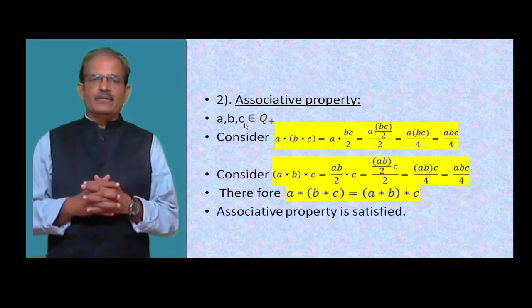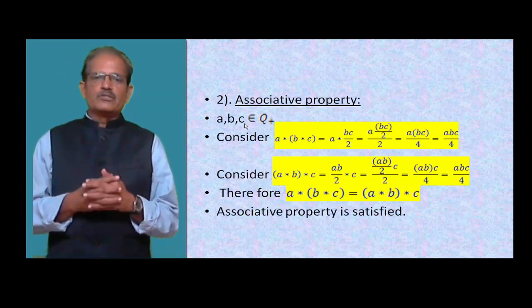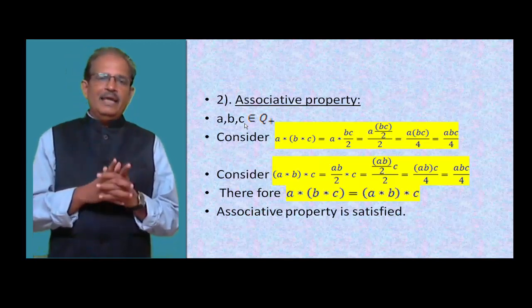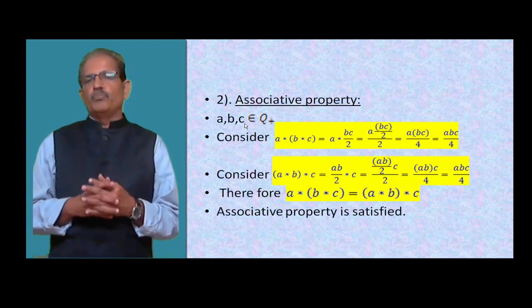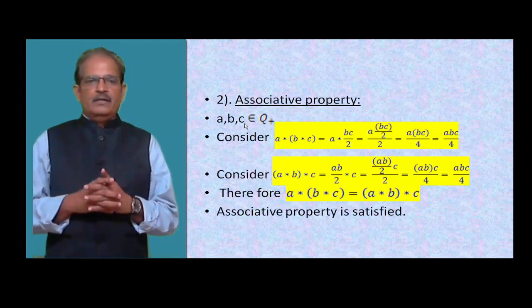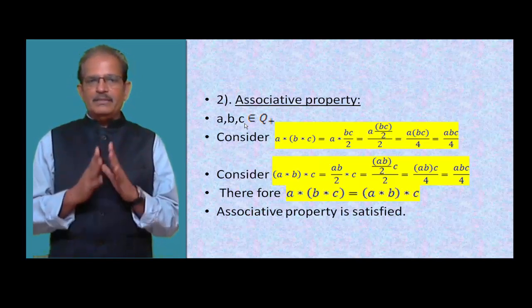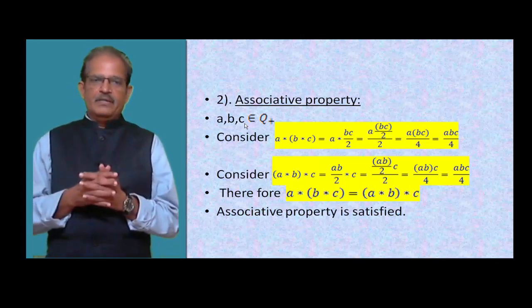Go with the second one, associative property. So you remember what is associative property for groups. A, B, C, three members belong to Q plus. So immediately you can understand A, B, C must be three positive rational numbers.